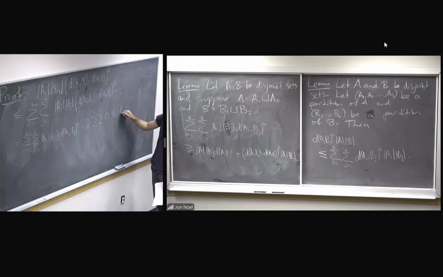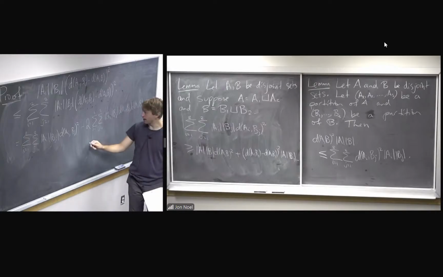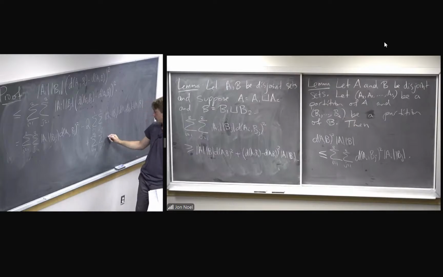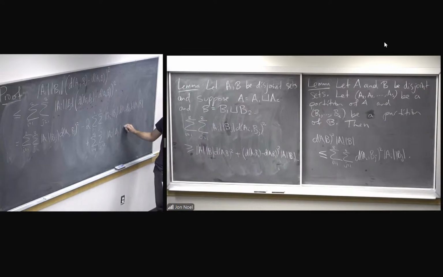I've got density between Ai, Bj, and then the density between A and B. And then my last term, size of Ai, size of Bj, density between A and B squared. Just some algebra.